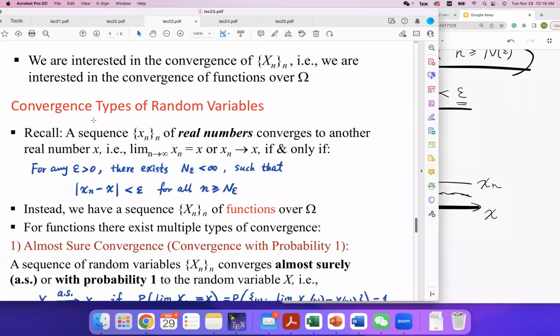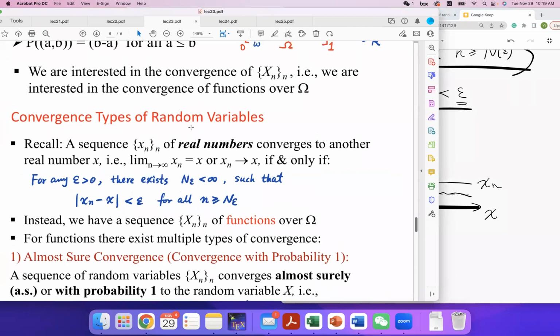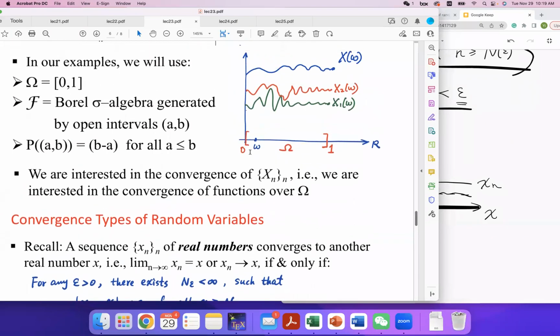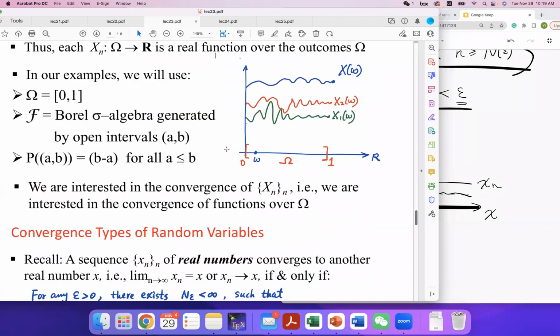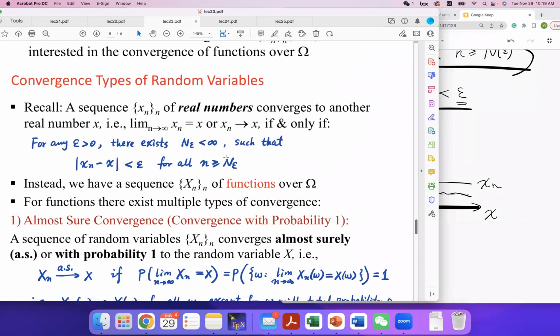The convergence of random variables is going to be defined based on this definition, because random variables map everything to real numbers. So in the end, we are going to deal with a sequence of numbers.